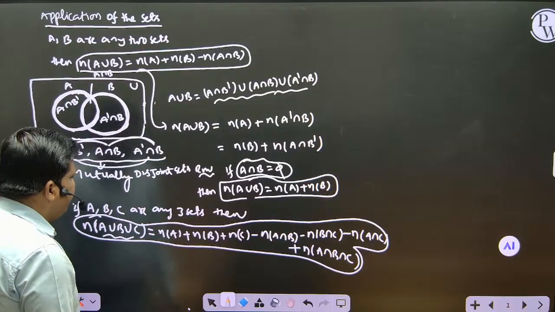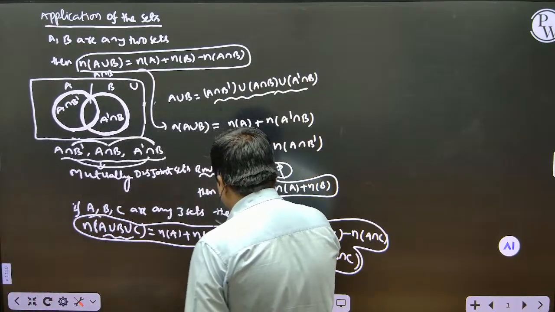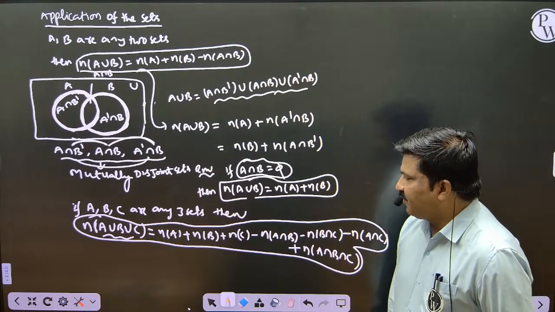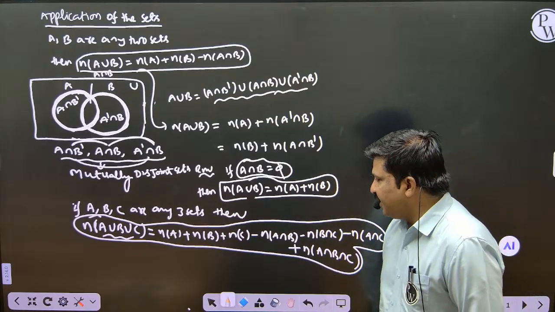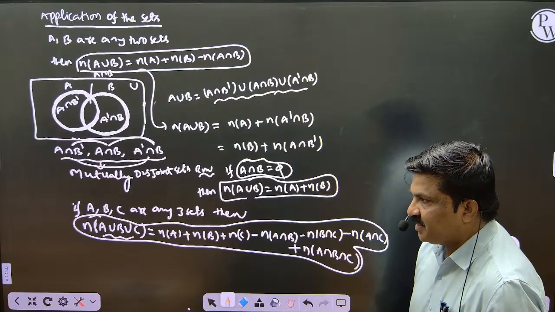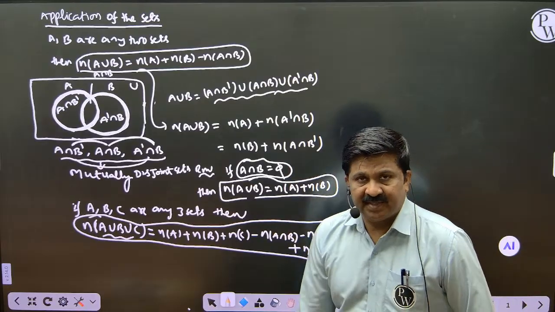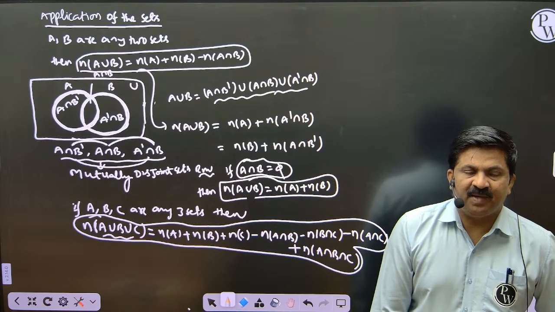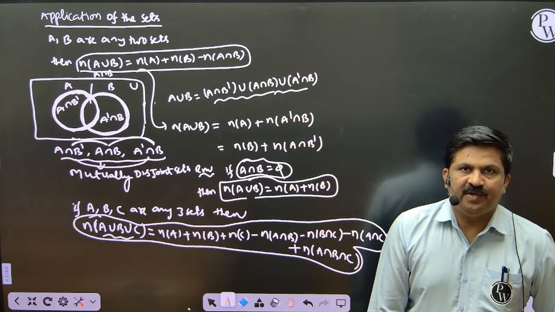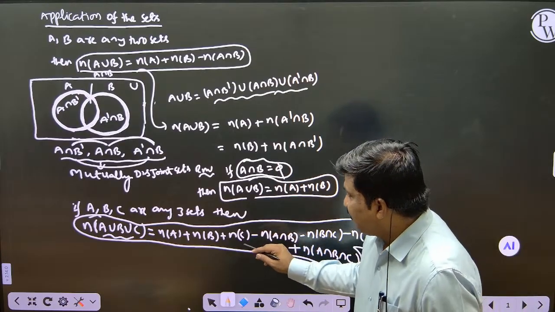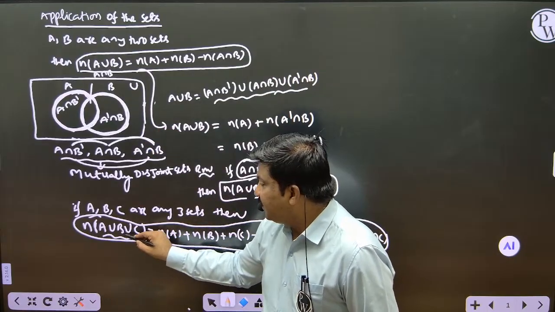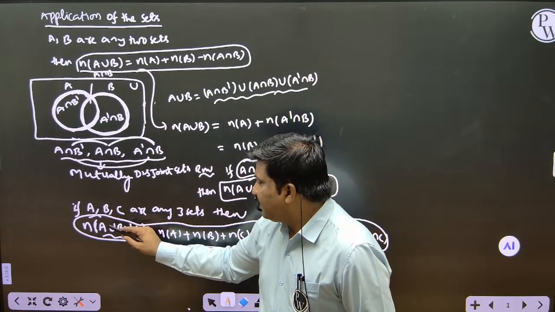When A, B, C are any three sets, then n of A union B union C is n of A plus n of B plus n of C minus n of A intersection B minus n of B intersection C minus n of A intersection C plus n of A intersection B intersection C. We can do it the same way, but here there are three sets.